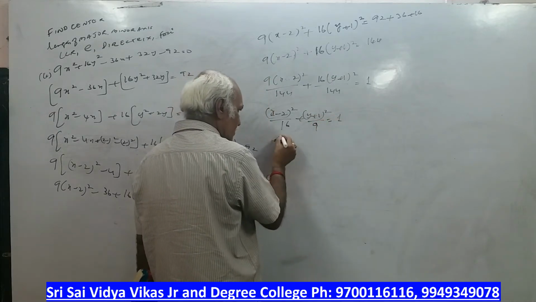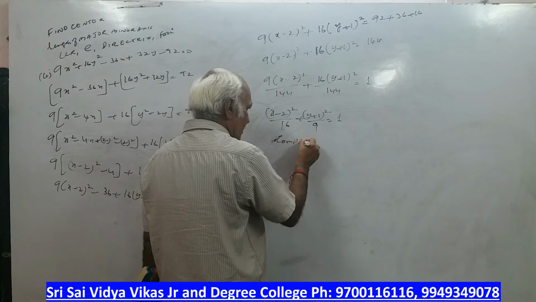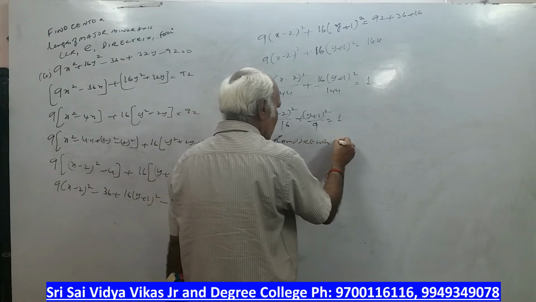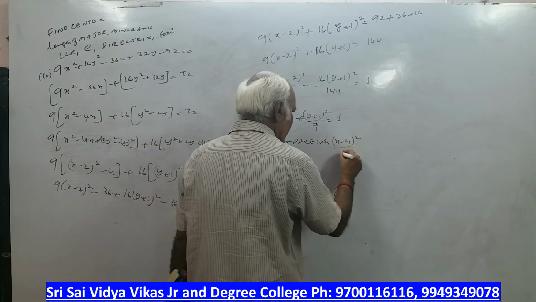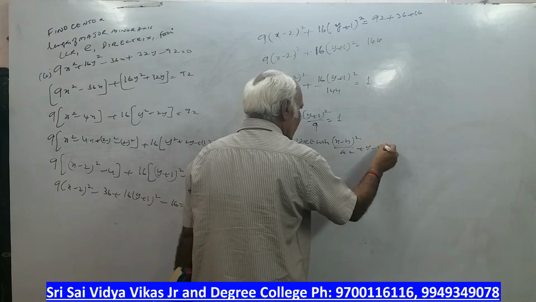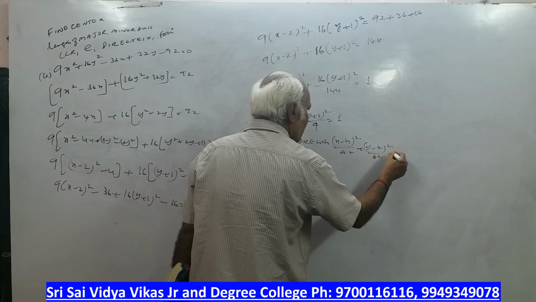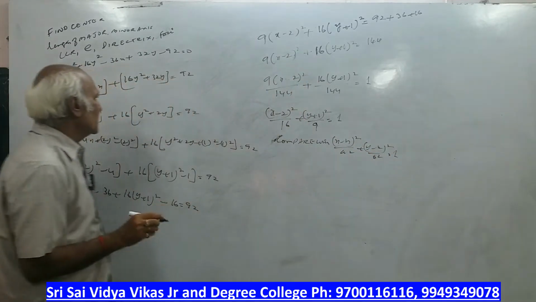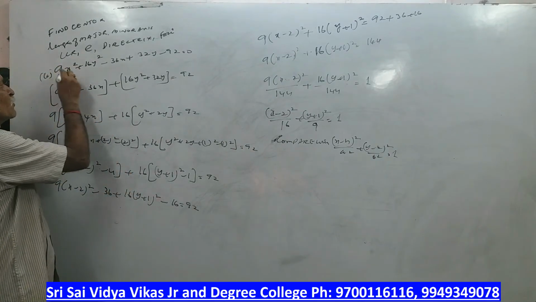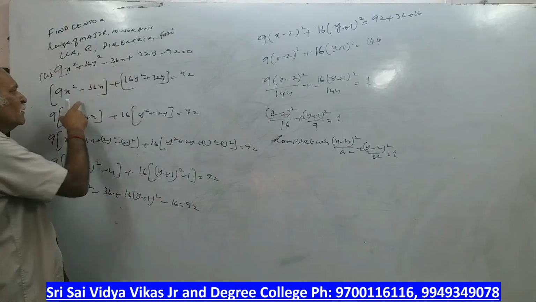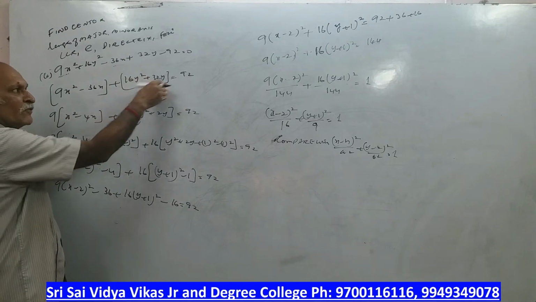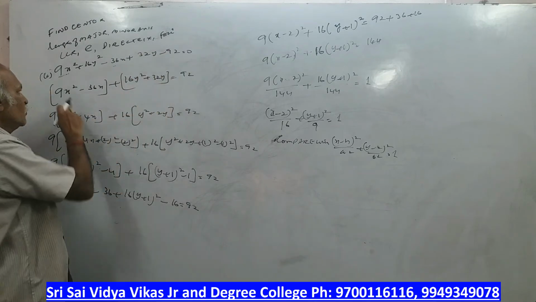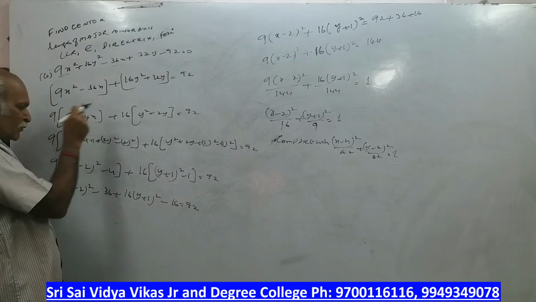Here, observe and compare with (x minus h) whole square by a square plus (y minus k) whole square by b square is equal to 1. I am explaining again. What is important? First, group x square and x terms, y square and y terms, and bring the number to this side. Take 9 common, we get x square minus 4x.